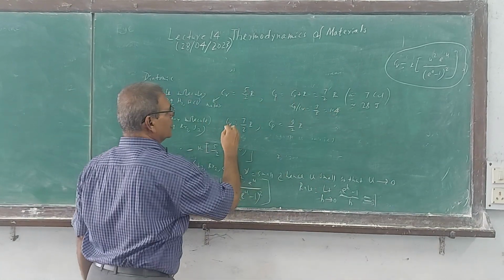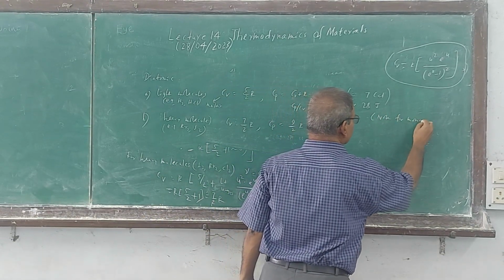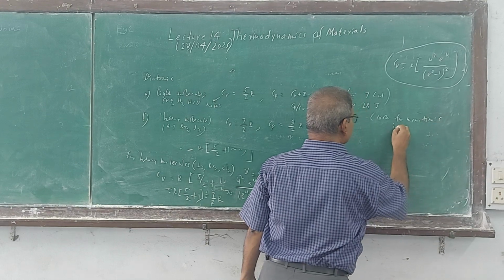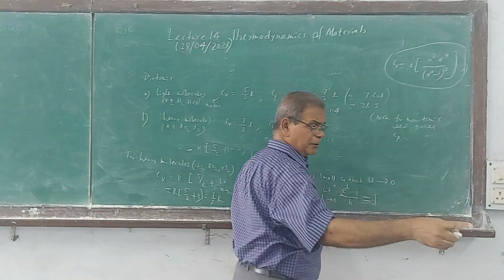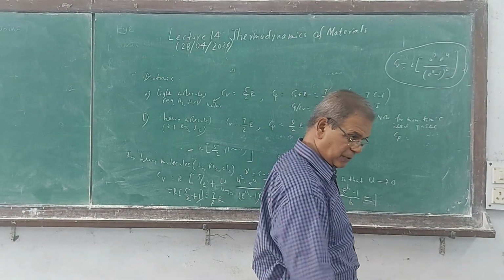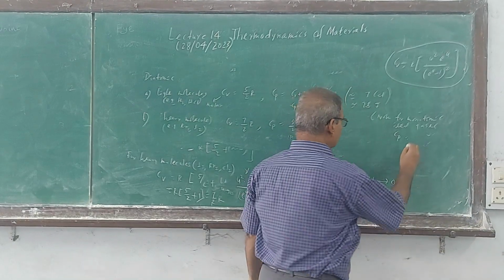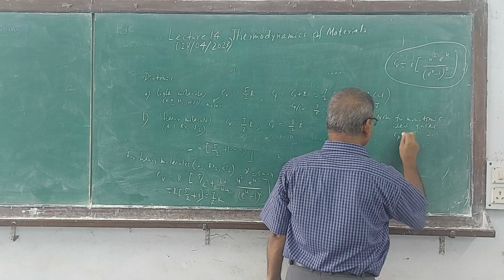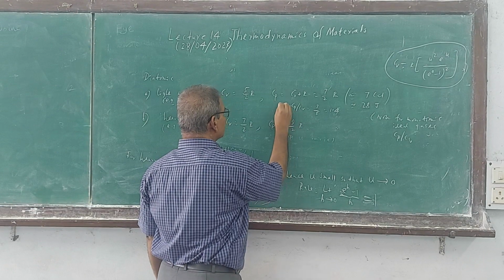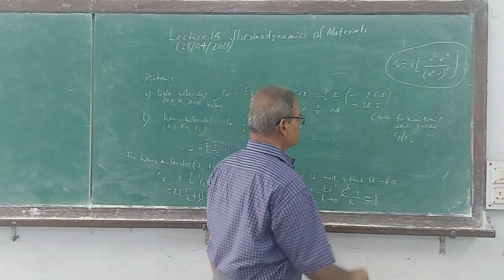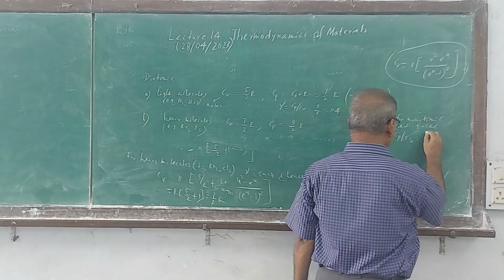And for monatomic ideal gases, Cp by Cv is so easy: Cp is 5 by 2 R and Cv is 3 by 2 R, so gamma is 5 by 3.